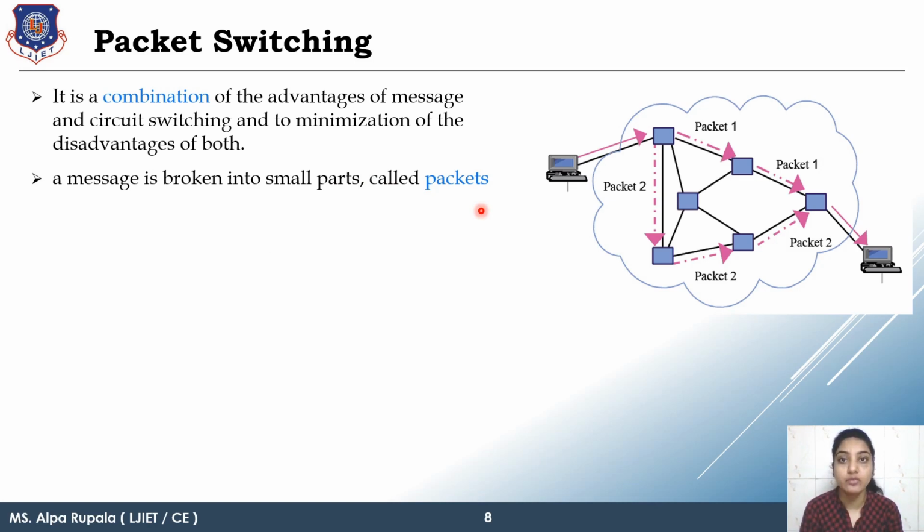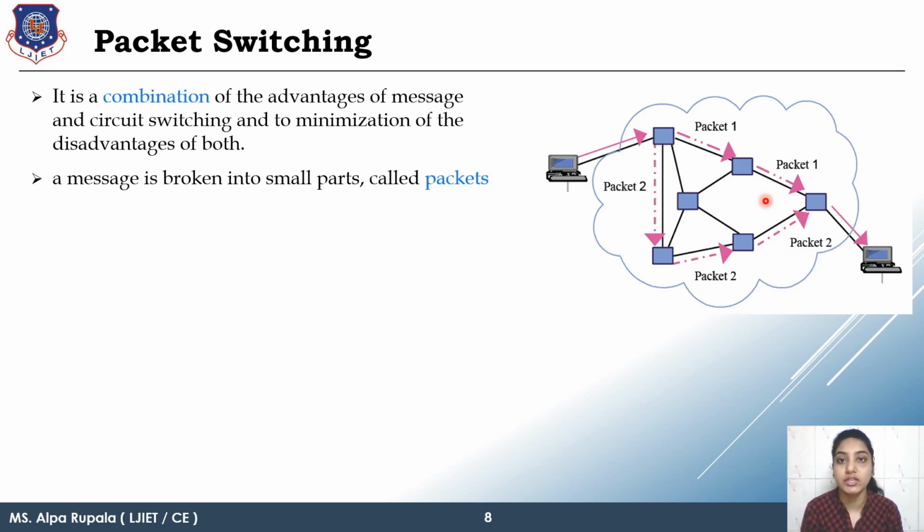But now we are dividing our data into packets. Then we transfer our data into the network. These packets are transferred on your network independently. Whatever route an individual packet wants to take, it can decide.